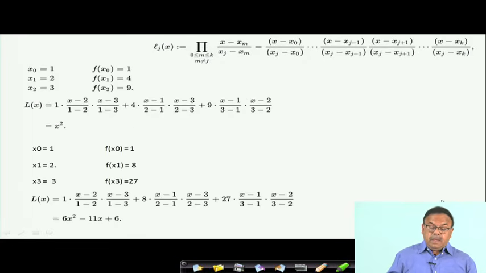let us see how it works. Just to give you an example, I have reproduced the polynomial that I had shown in the earlier slide here again. You can see this, right.